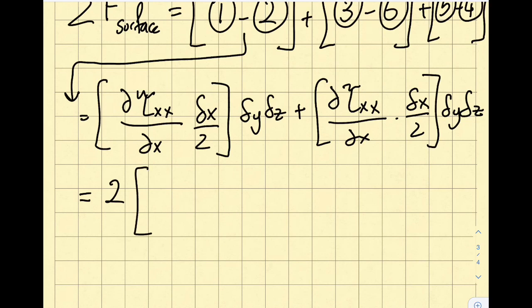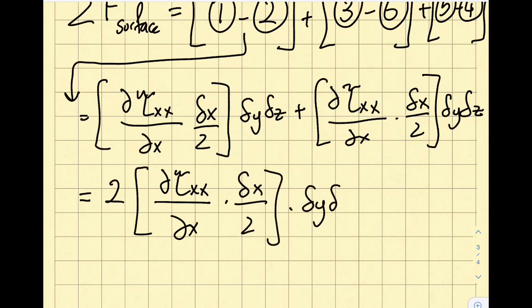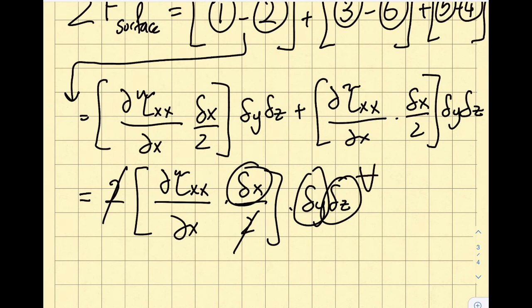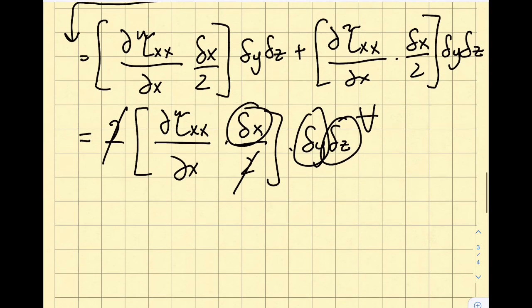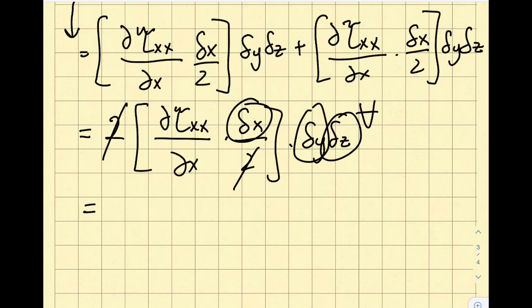It's going to be 2 times del tau xx del x, delta x over 2, delta y, delta z. Those will cancel, leaving delta x times delta y times delta z. What is that? Volume, right? So 1 minus 2 gave me a simple term like this: del tau xx del x times the volume.